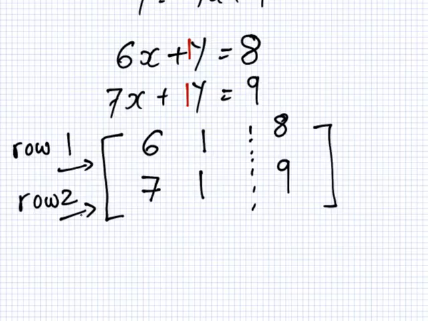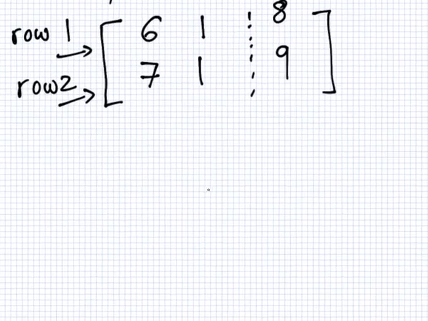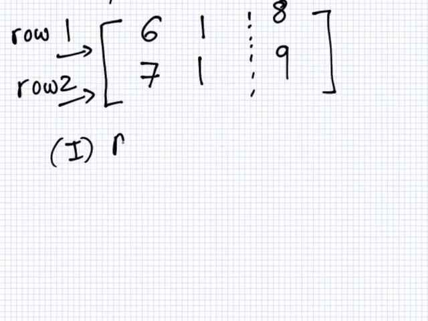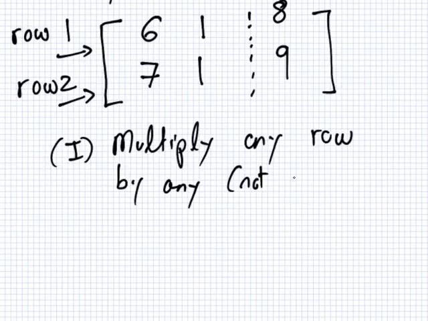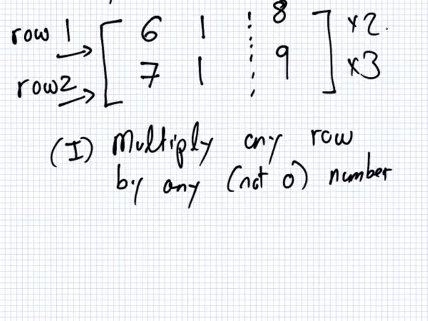Okay, so once it's like this, Gauss has 2 rules. The first rule, you can multiply any row by any non-zero number. So his first rule is, you can multiply by any number, whatever.